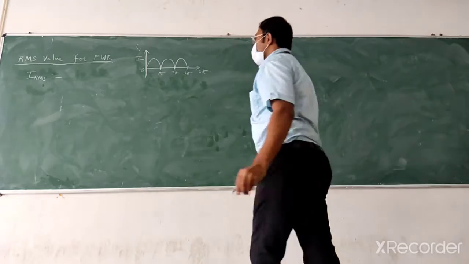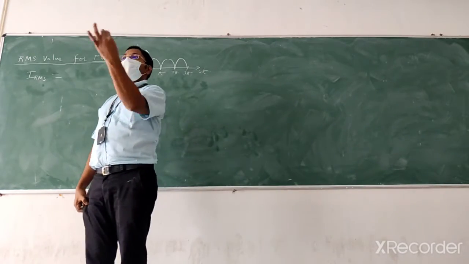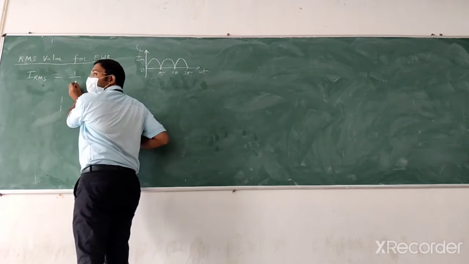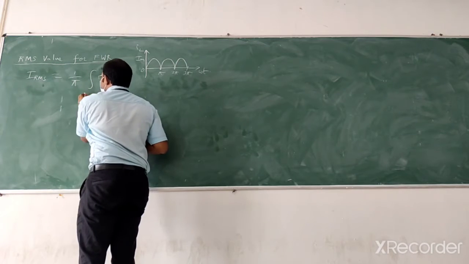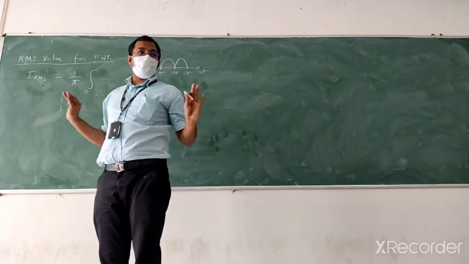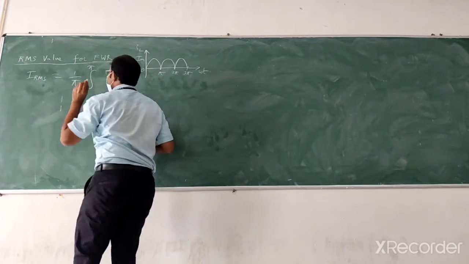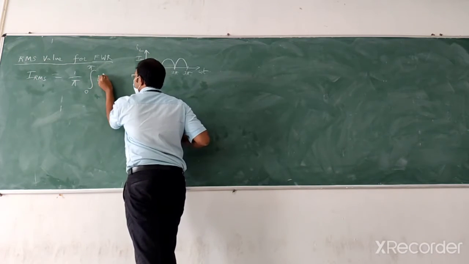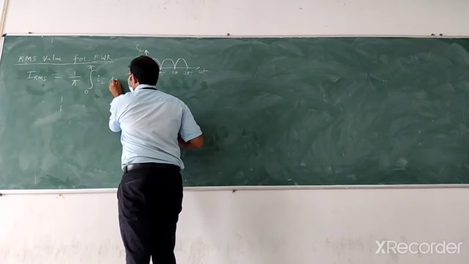Clear? So, how will you find the RMS value? 1 by time period, so 1 by 5, then integral 0 to time period, so 0 to 5, then i squared d omega t.